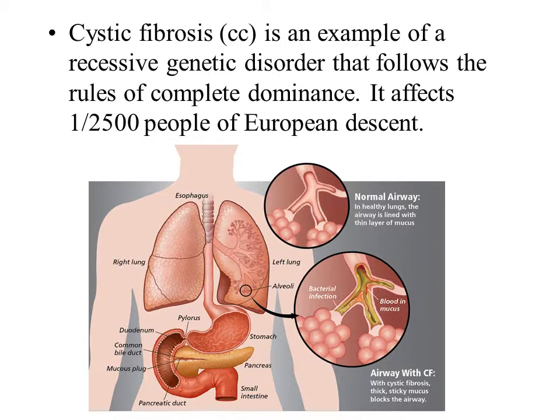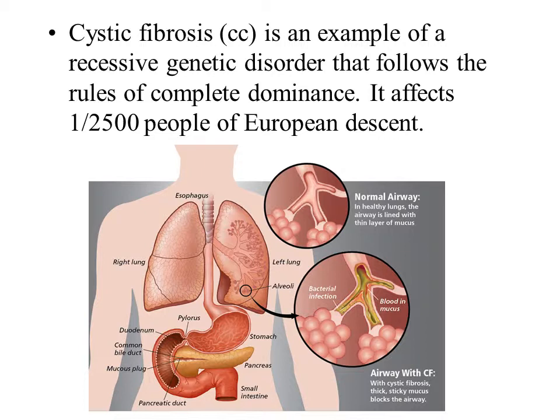Now, if they have cystic fibrosis, they're going to have this thick, sticky mucus that is going to block their airway and make it very difficult for them to breathe. So cystic fibrosis is an example of a recessive genetic disorder that follows the rules of complete dominance. It affects 1 out of 2,500 people of European descent.